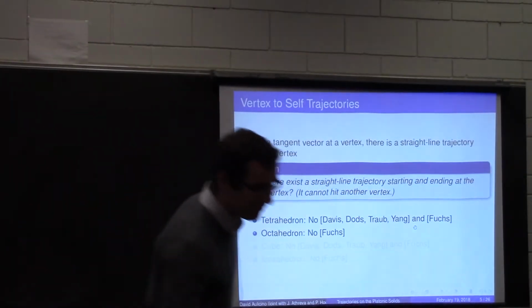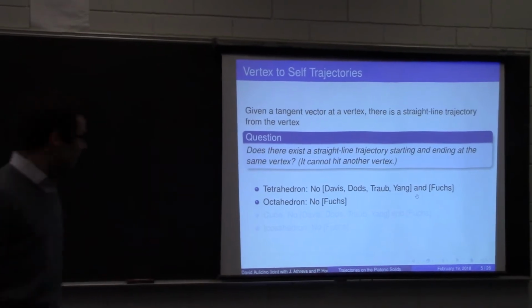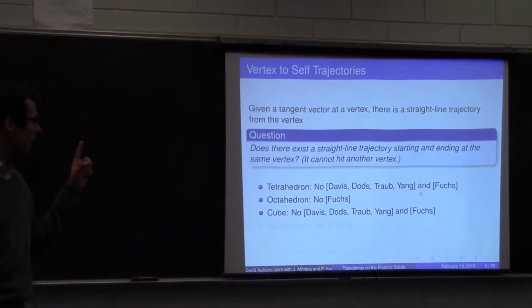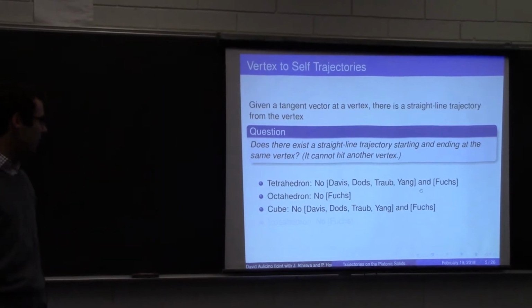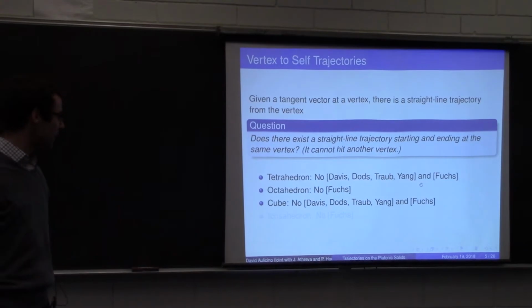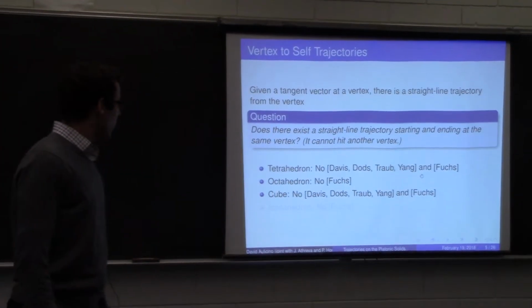What about the octahedron? No. So Fuchs proved that. And then for the cube, Davis, Dodds, Traub, and Yang, they proved that you can't do it. And Fuchs did the same thing. So when is this?